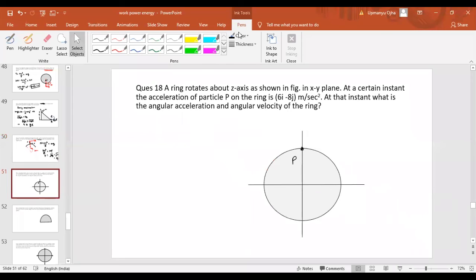The next problem. A ring rotates about the z axis as shown in the figure in the xy plane. At a certain instant, the acceleration of the particle P on the ring is 6 i cap minus 8 j cap meter per second square.